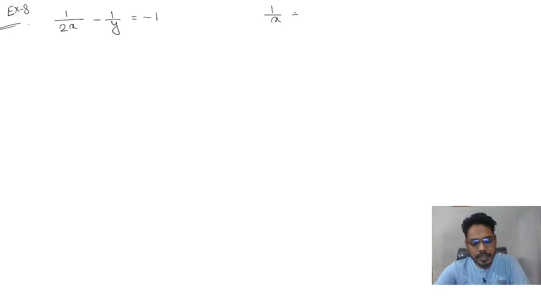Now we will continue this kind of example with example number 8. Now it is given 1 by 2x minus 1 by y is equals to minus 1. That is the first equation. And 1 by x plus 1 by 2y is equals to 8. That is equation number 2.